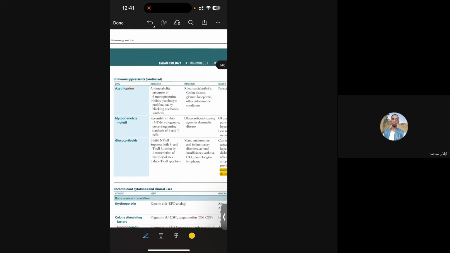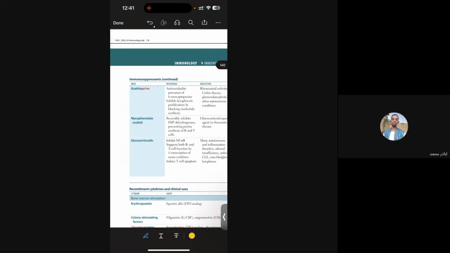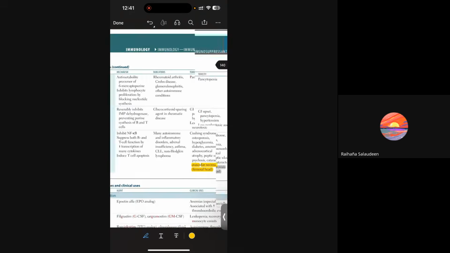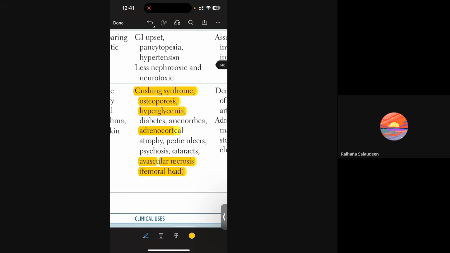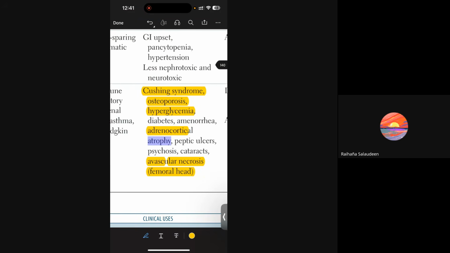See this. Glucocorticoid side effects: Cushing syndrome, osteoporosis, hyperglycemia, adrenocortical atrophy, avascular necrosis of the femoral head. Does our patient have osteonecrosis of the femoral head?